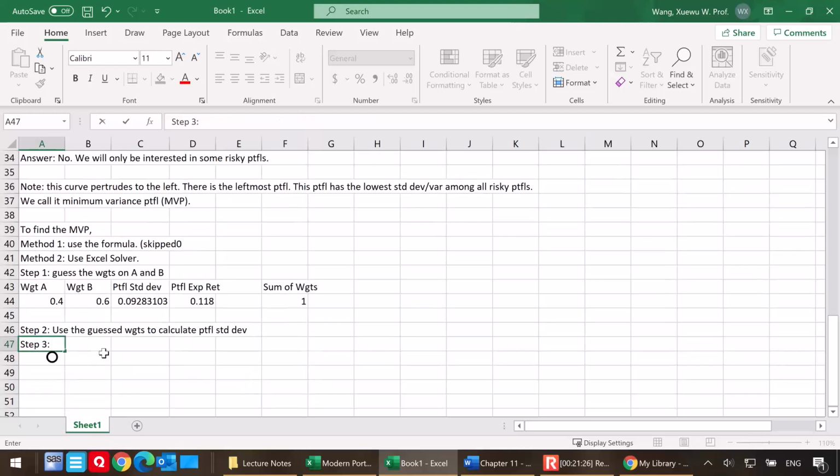All right, step number 3, I'm going to invoke solver. I'm going to minimize. Remember, the minimum variance portfolio is the portfolio that has the lowest variance. So to find it, I'm going to minimize the portfolio standard deviation, by changing the weights.